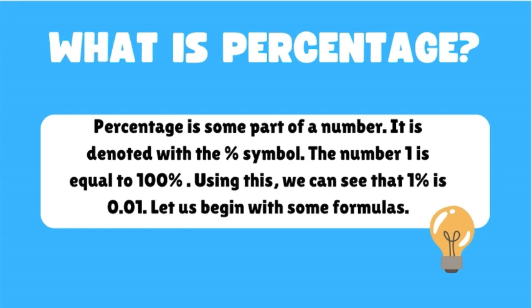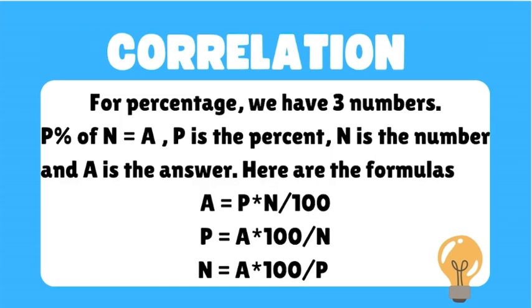And now I'm going to show you the formulas for figuring out percentage. So for percentage, we have three numbers. First, we have p% of n is equal to a. So p is the percent, so let's say it's 50%. N is the number, so 50% of 25.